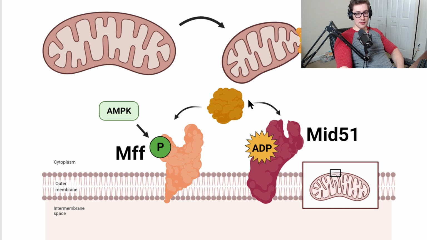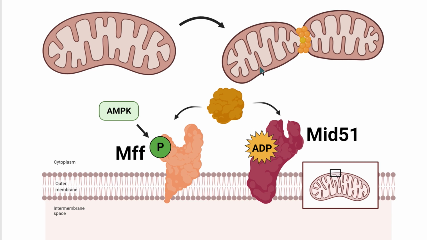So again, some of this is conflicting information, if you've noticed, because sometimes cellular energy state tends to increase fusion. Lower cellular energy state increases fusion, and in other instances it increases fission.